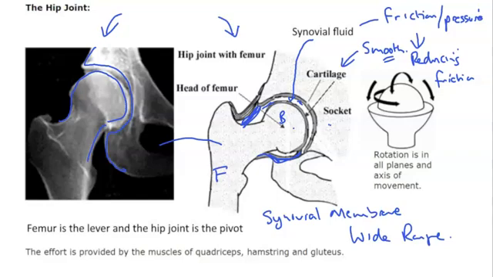The joint is stabilized by structures attaching bone to bone, and these are called the ligaments. So remember that ligaments are creating bone-to-bone connections in order to stabilize the joint. Movement, of course, requires effort.